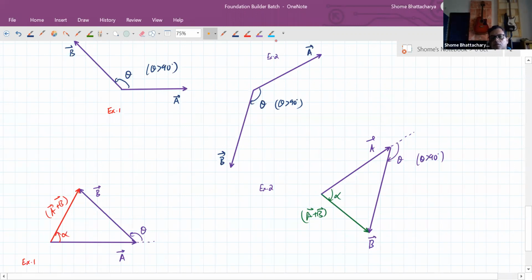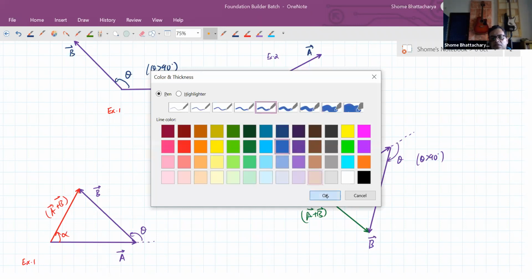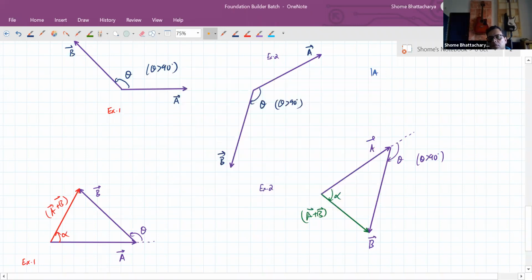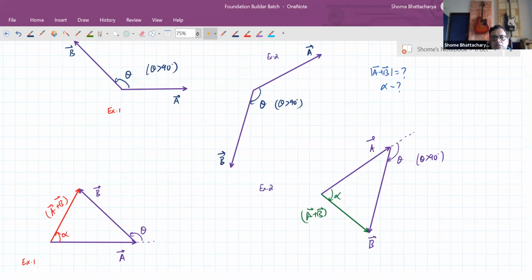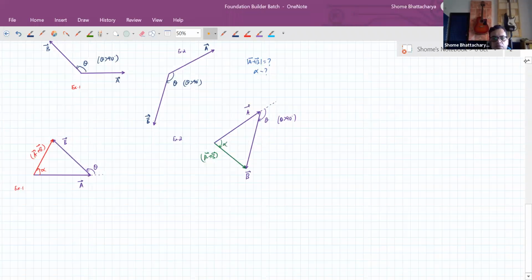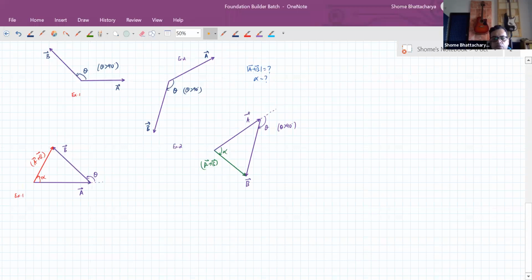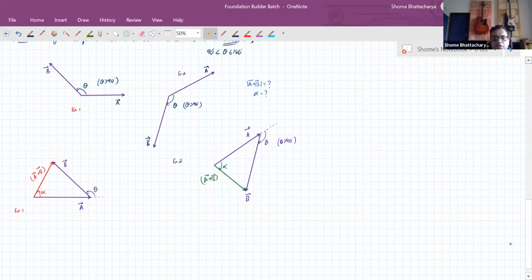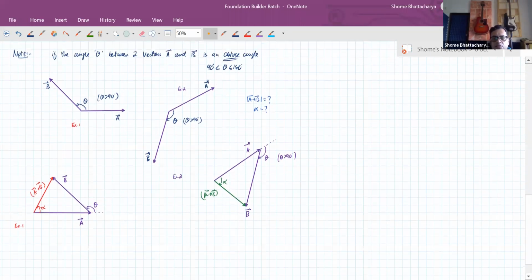In general that's the next thing we are going to look at: how to find the magnitude of A plus B and the angle alpha when theta is obtuse like this. So just make a note of these two diagrams, then we'll discuss the formula. This is the next case of triangle law application that we are discussing, when the angle is obtuse.